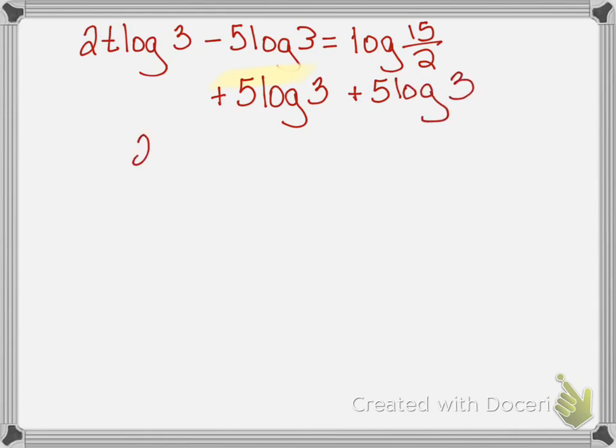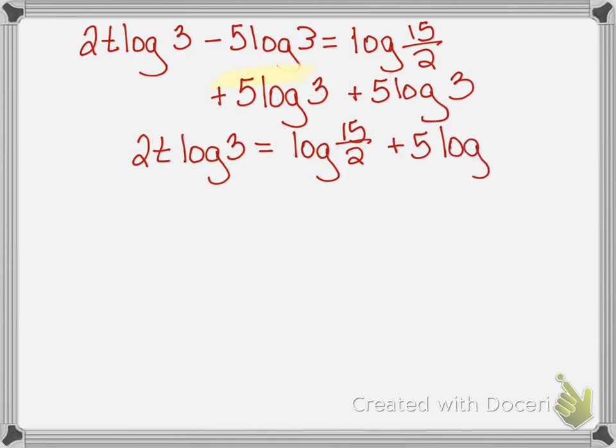So now I have 2t times log 3 equals log 15 over 2 plus 5 log 3. My 2 and my log 3 are numbers.